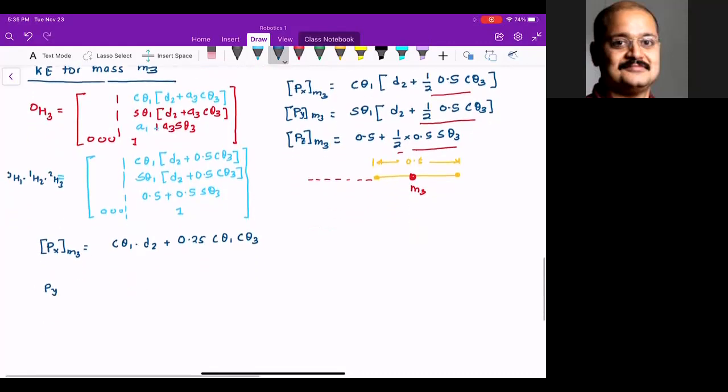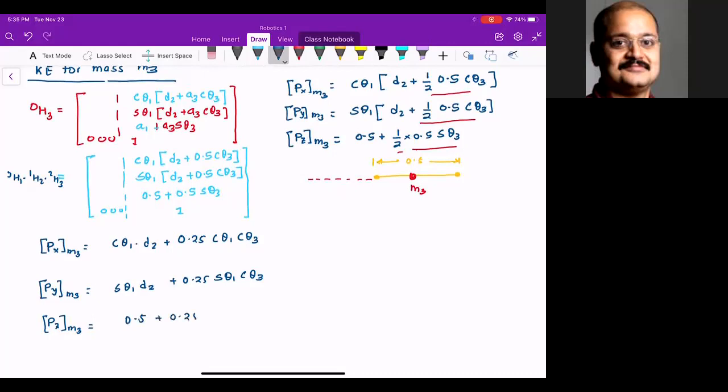Py of M3 is equal to sine theta 1 d2 plus 0.25 sine theta 1 cosine theta 3, and finally Pz of M3 is equal to 0.5 plus 0.25 sine theta 3. Now we have to find out the velocities.